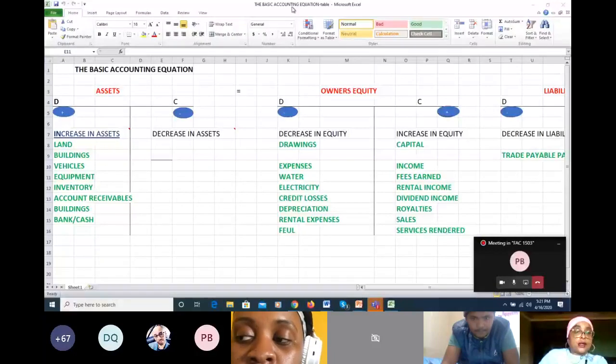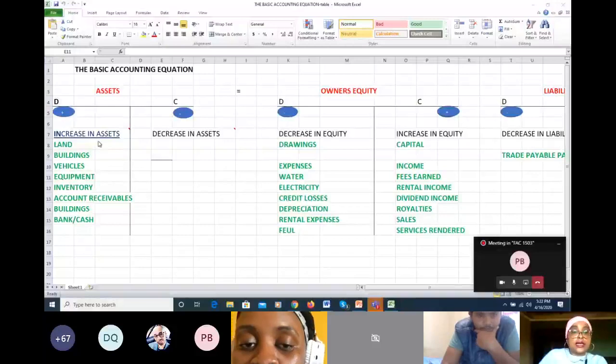Okay, so if we look at the basic accounting equation, the assets part. On the debit side, assets will always increase, and on the credit side, assets will always decrease. And some types of assets is land, buildings, vehicles, equipment, inventory, accounts receivable, client control, bank, cash. So when we acquire assets, money or cash, it will increase. Therefore, we always say we debit our assets when it increases.